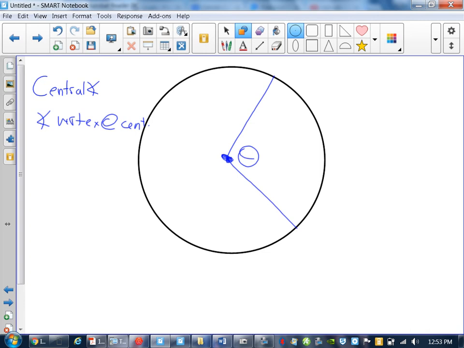The angle who has a vertex at the center, notice that the sides of that angle run into an arc. Okay. Central angle. Angle. Vertex. At. Center.